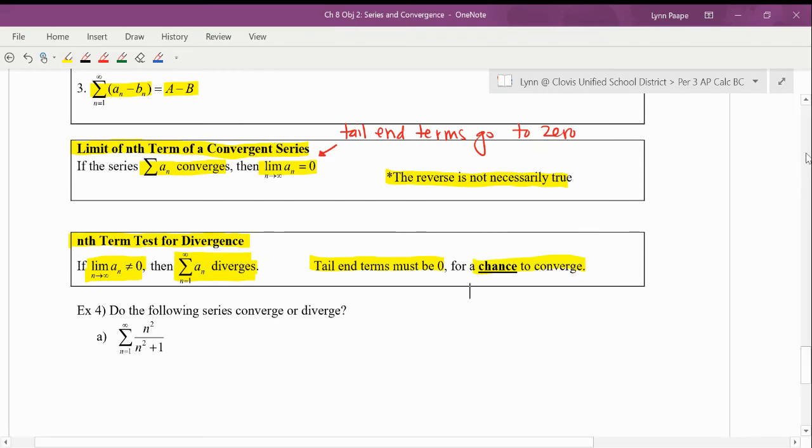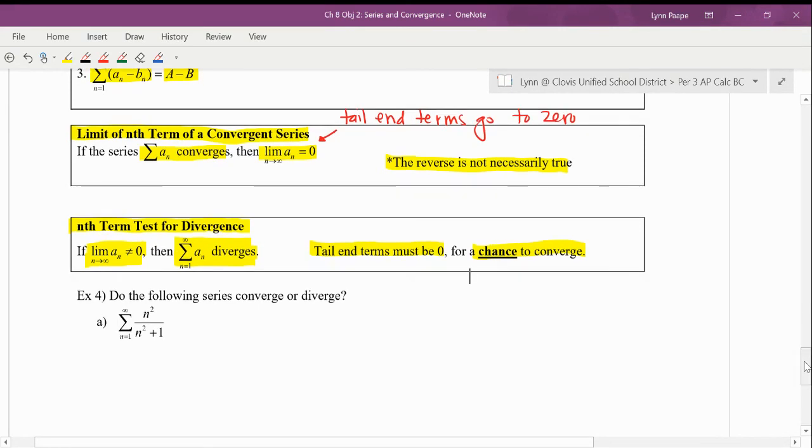This can be often very confusing for students. So it is really important to understand that if you have a list of numbers, there is no guarantee that if the end terms go to 0, that does not guarantee that this will add up to a finite value. And I'm just going to write A for a finite value.